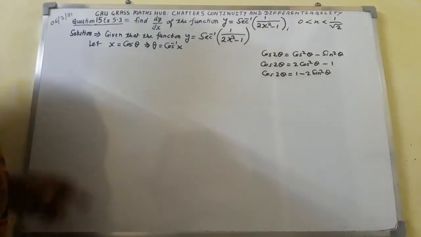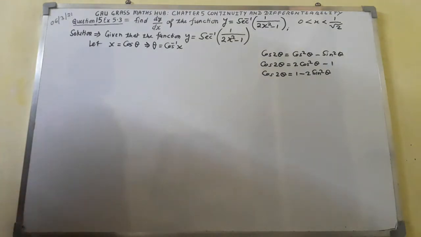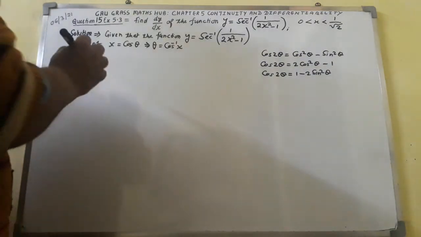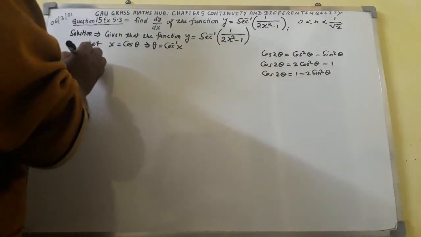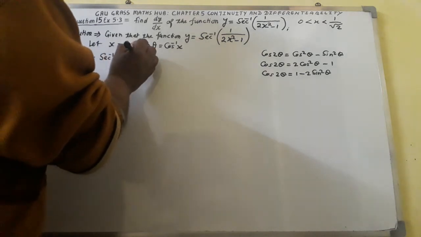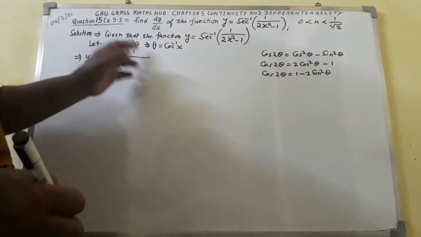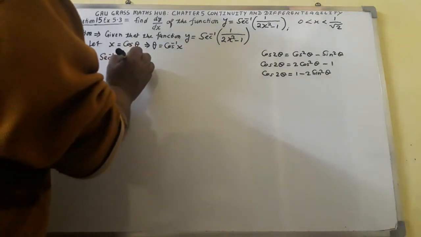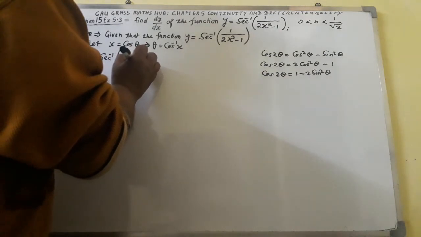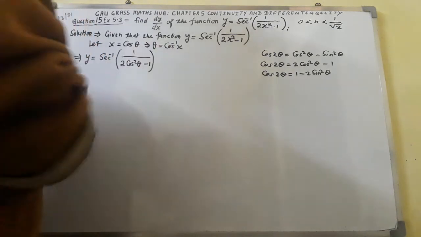So y is equal to sec inverse 1 over 2, and in place of x I shall write cos theta, so it will become 2 cos square theta minus 1 bracket close.